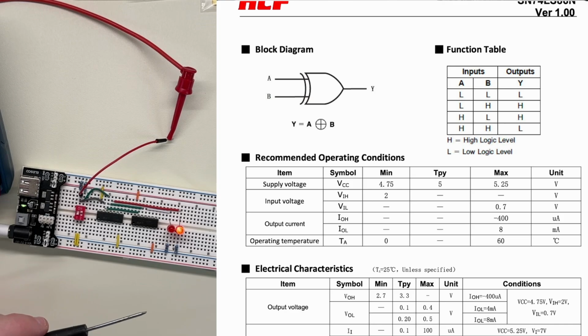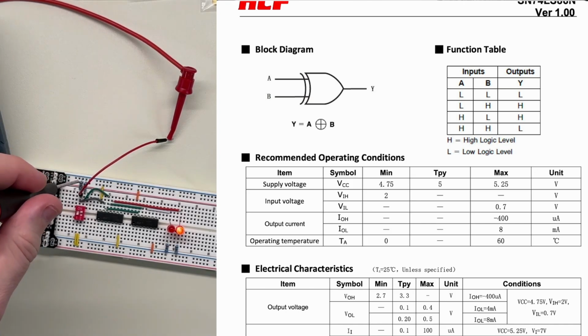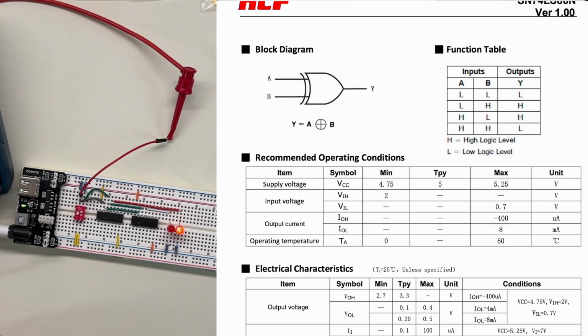The voltage input for a low signal, on the other hand, its maximum is 0.7. So 0.7 volts is false. It's not 0 volts, it's 0.7 or lower. This is probably the thing that determines, I bet it plays a role in determining how big something like a pull-up or a pull-down resistor should be.